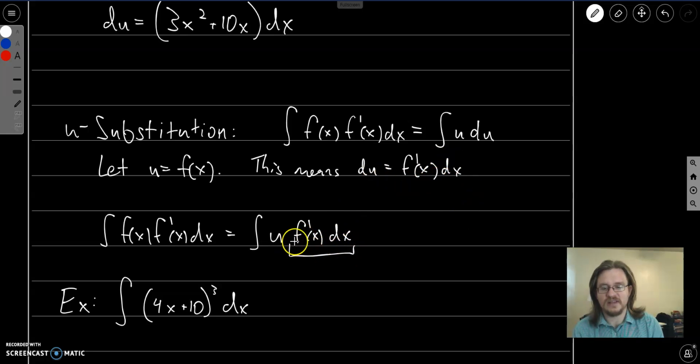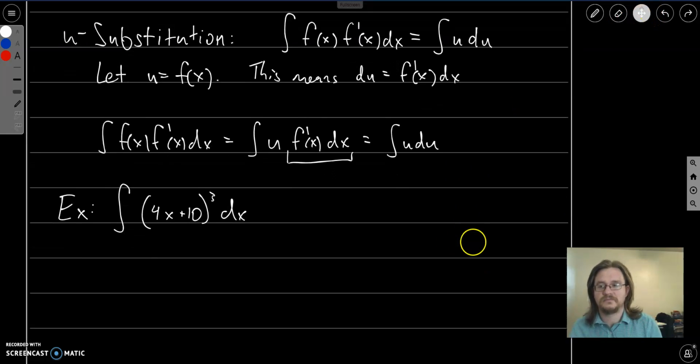So then I can replace this f prime of x dx with du. And there you have it. I can turn the antiderivative, or the integral of something that looks a little bit complicated into something that's a lot less complicated. And I think the best way to see this is using some examples.